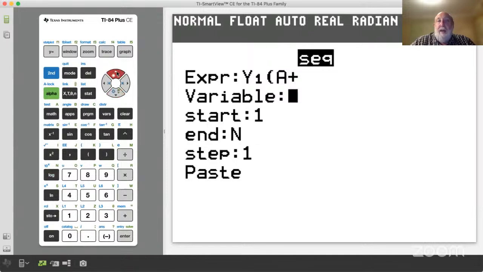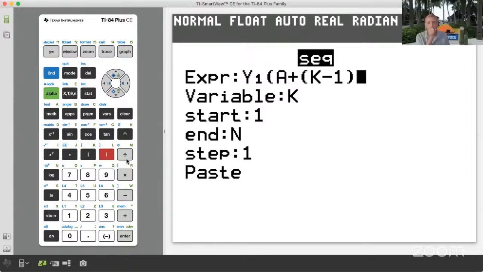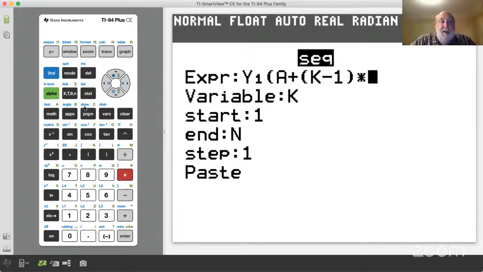Okay. Now I'll go back to the expression. So my expression will make more sense now. So I'm going to take k minus 1, times d, that's my delta. And I'll close off the parentheses.